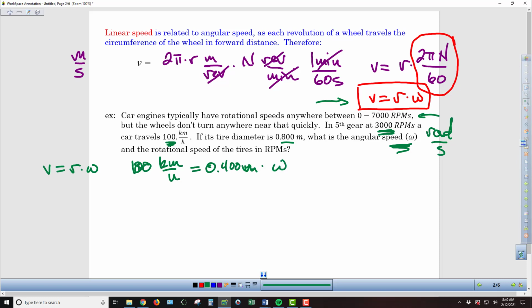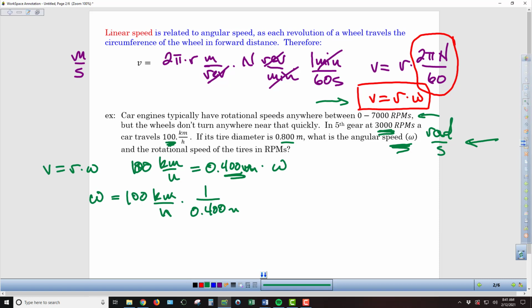So if we multiply both sides by the reciprocal of this guy right here, we're going to end up with omega. And so we've got 100 kilometers per hour times 1 over 0.400 meters.